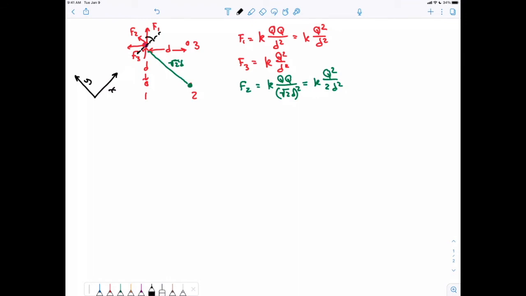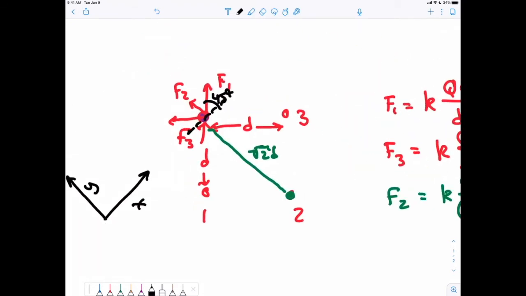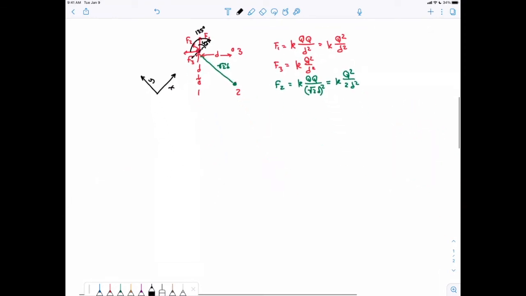Right? So this is 45 degrees, and this is 135 degrees. And so I expect that the net force is going to be the sum of all the y components. So from symmetry I can say that I don't need to consider the x components, because again, the x components will add up to 0.